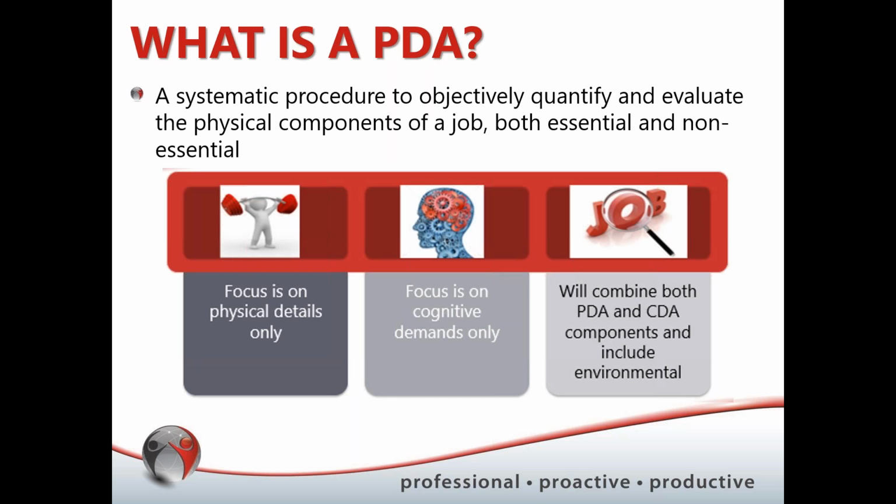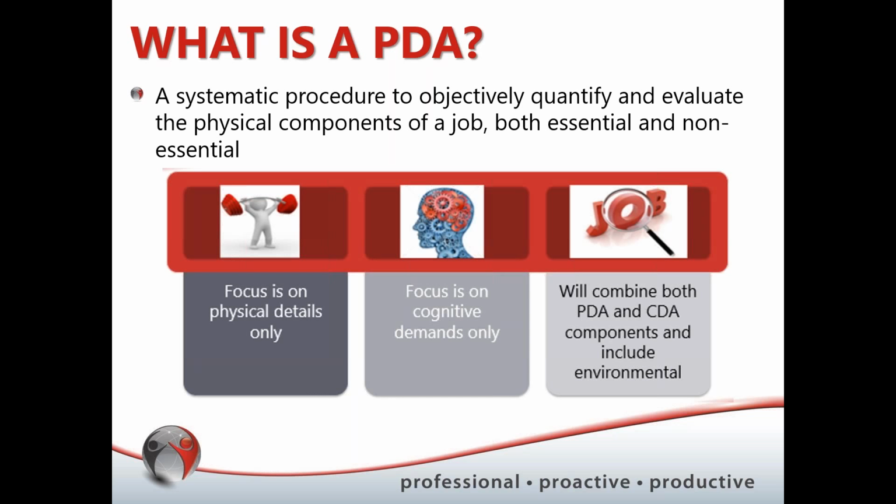If you have a PDA that doesn't have all the detail you need, then you get some restrictions and think, shoot, I know they lift, but I don't actually know if they lift above shoulder or not. And this person's restriction says they can't lift above shoulder. Then you now have to go out and physically look at that job, which is a waste of time, right? That shouldn't be the case.